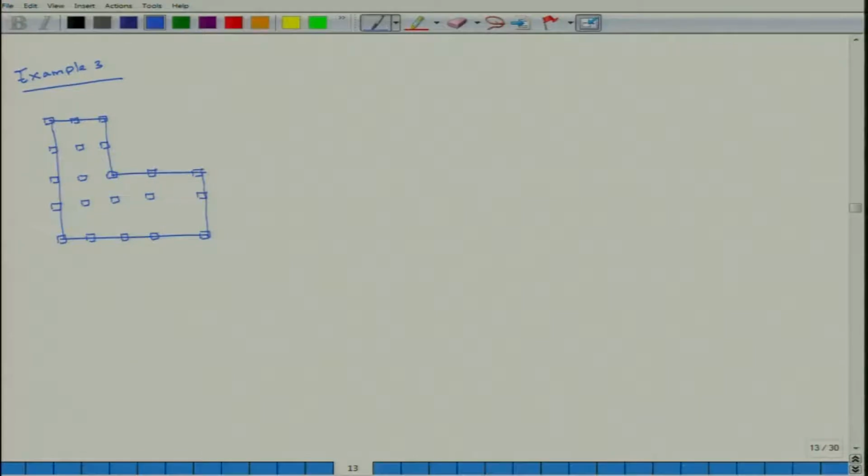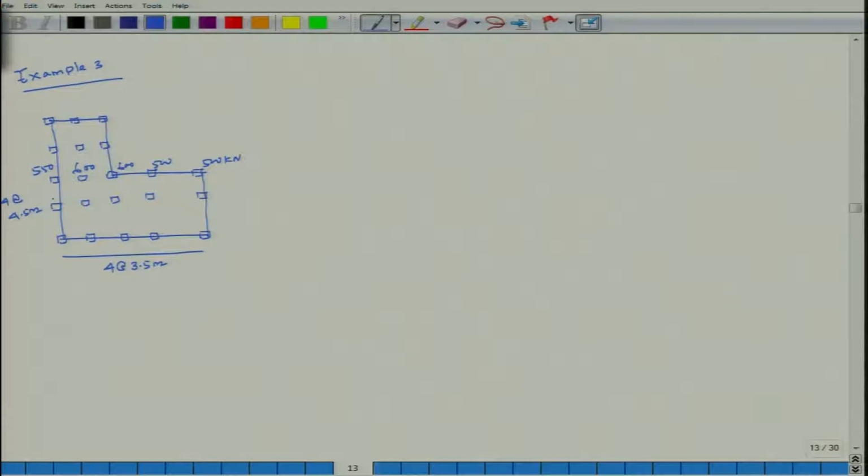If you look at the dimensions, the individual column loads have been given: it is 550 in this row, this is 600, this is again 600, this is 500, this is 500 kilonewton, and this dimension is given as 4 at the rate of 3.5 meter, here 4 at the rate of 4.5 meter.